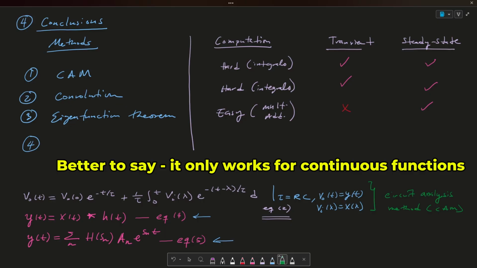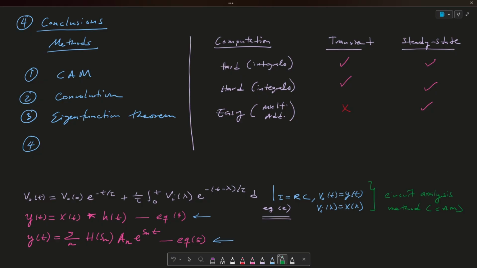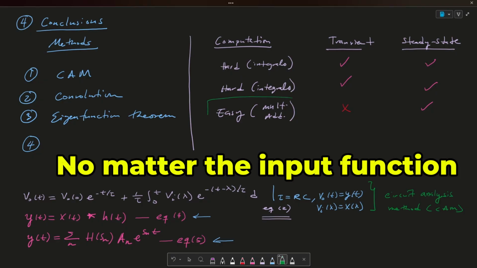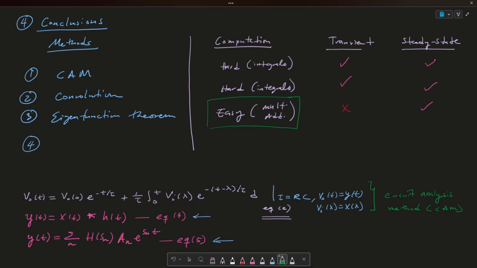So now we have to ask ourselves, is there a method that allows us to get the best of both worlds, where we get a computation that is easy, so multiplication and addition, and we get both the transient and the steady state response? And that method is what's called the Laplace Transform.